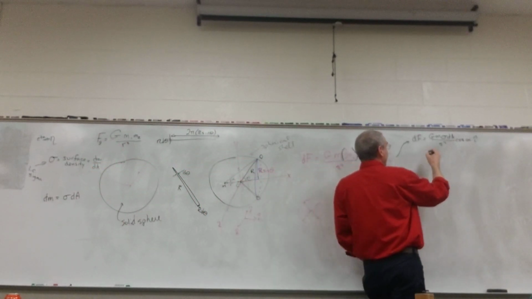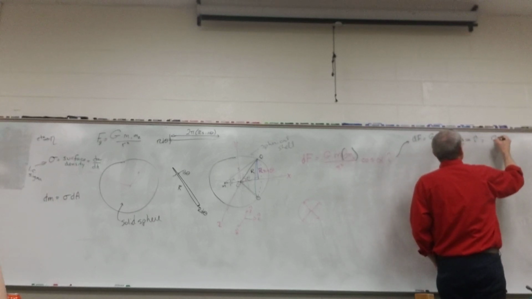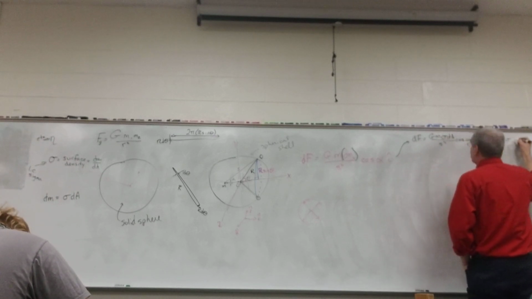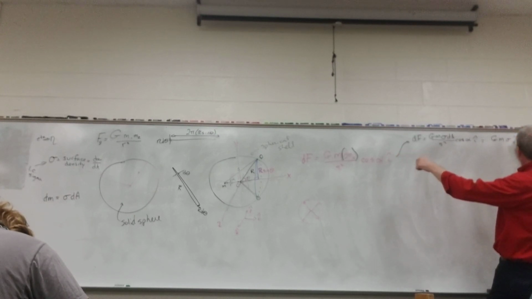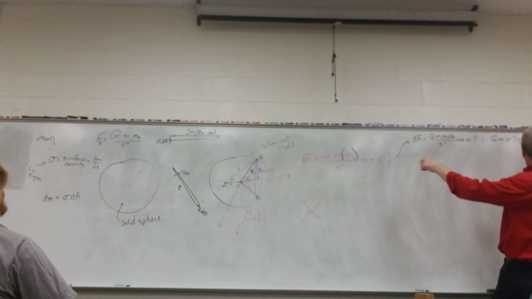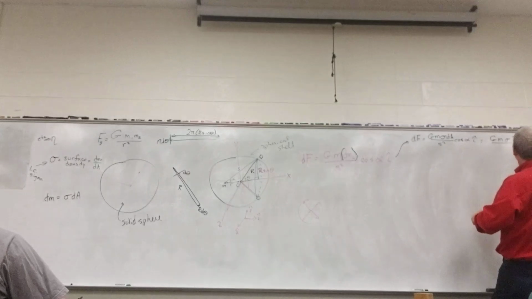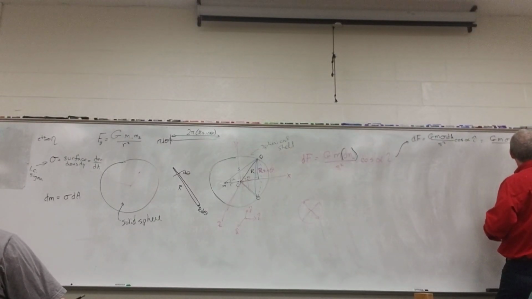So over here, we now have big G mass σ times 2π big R sin θ times r dθ over s squared cos α.